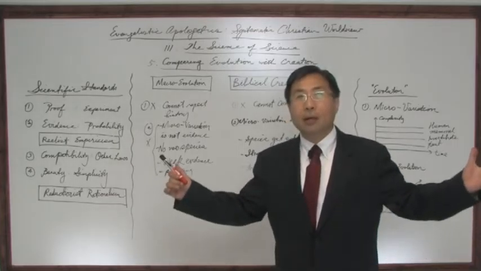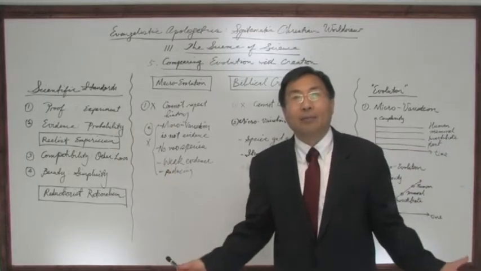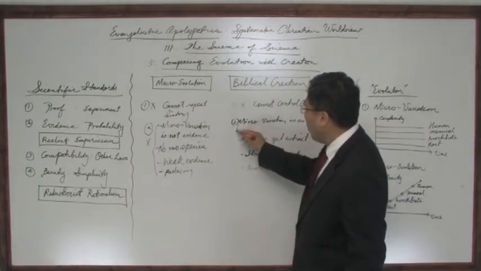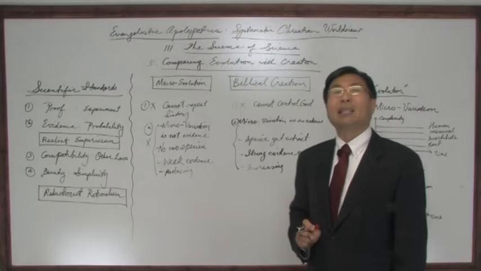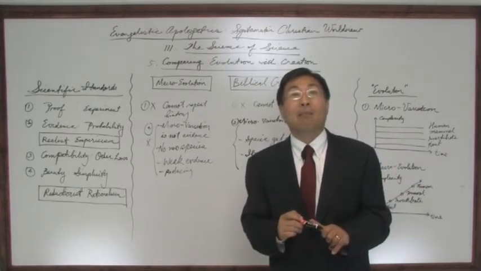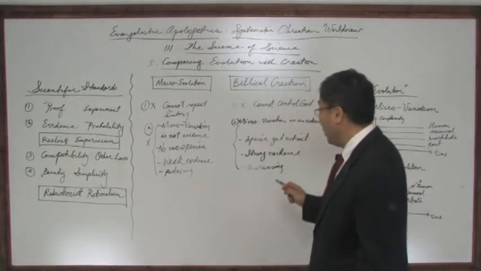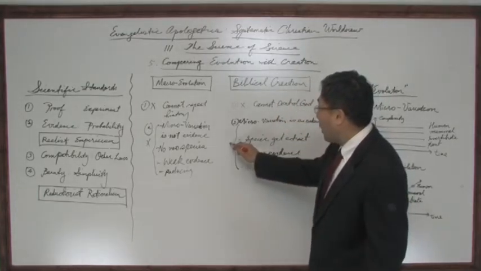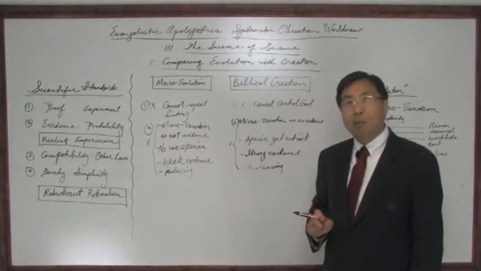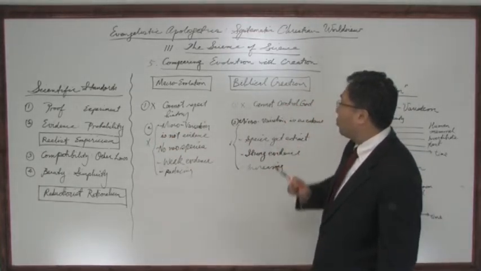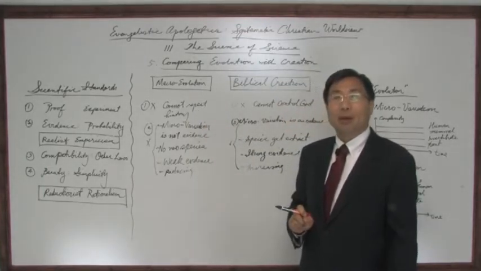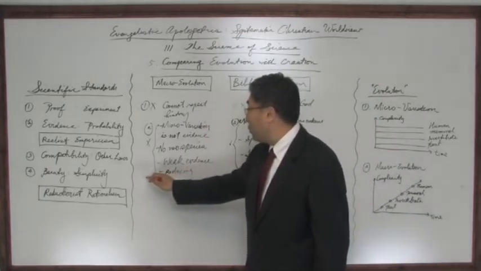They have to be by design. Just think about it: the more we get to know about the complexity of life, the less likely it came by itself. So this evidence is increasing. After you examine the second standard, by evidence and by calculating the probability, biblical creation is more scientific than macroevolution. So that is the first two standards.